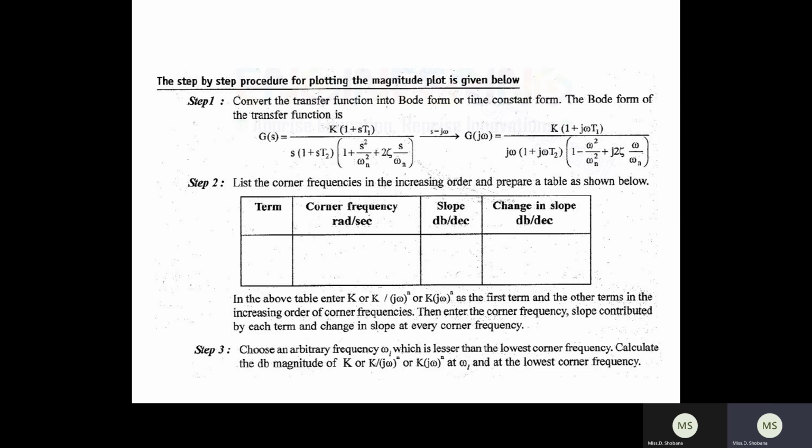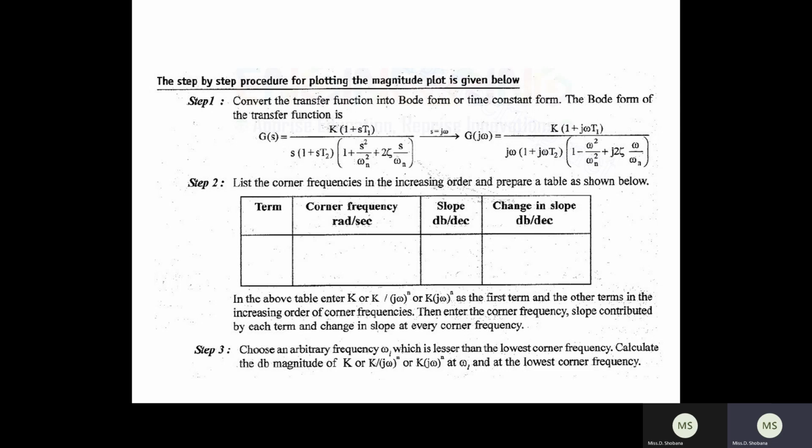Otherwise, if it is given in s plus term, then take the constant outside, convert that into 1 plus s term, then replace s with j omega. This is an important procedure. Without doing this, we cannot proceed with the problem, otherwise all the steps become wrong. Therefore you have to pay concentration on this step.